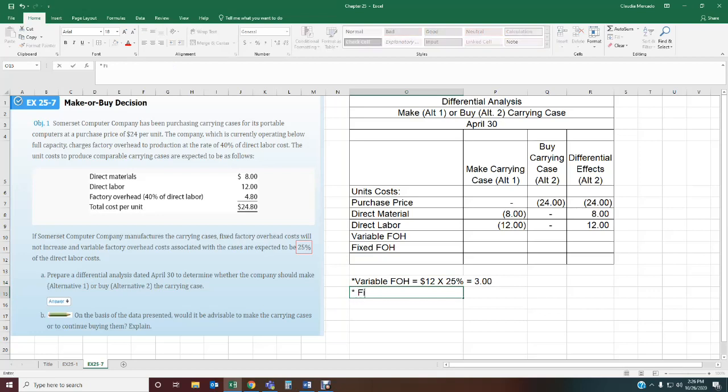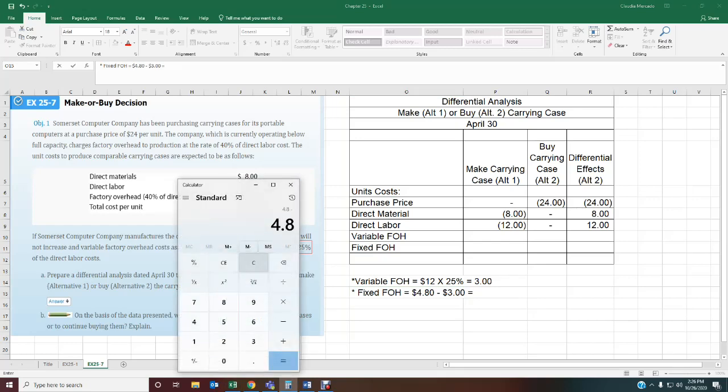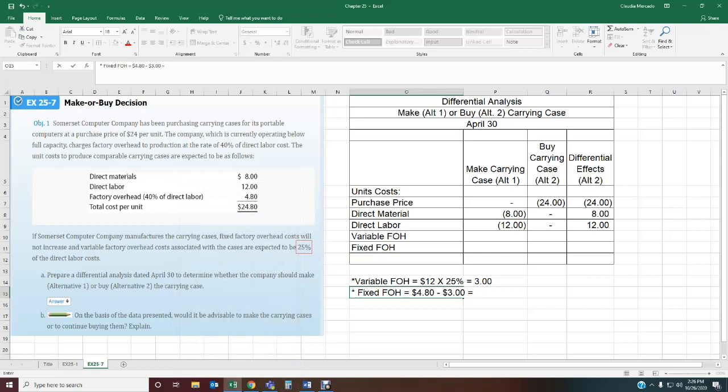Now we can calculate our fixed factory overhead. If I know my total overhead is $4.80, and I know my variable overhead is $3, then my fixed overhead is going to be $1.80. So we figured out our variable overhead: it's 25% of your direct labor cost, $12 times 25%, which gives $3.